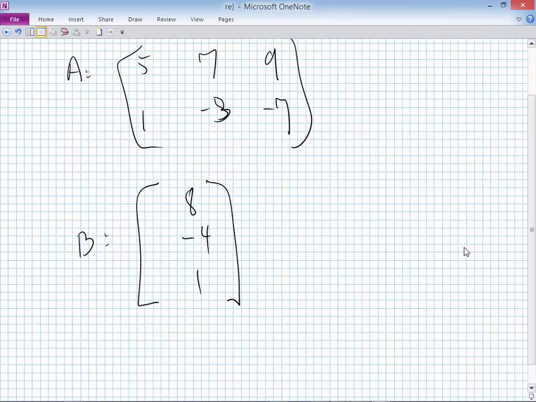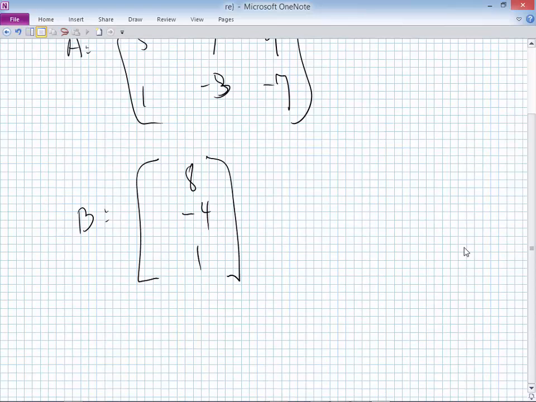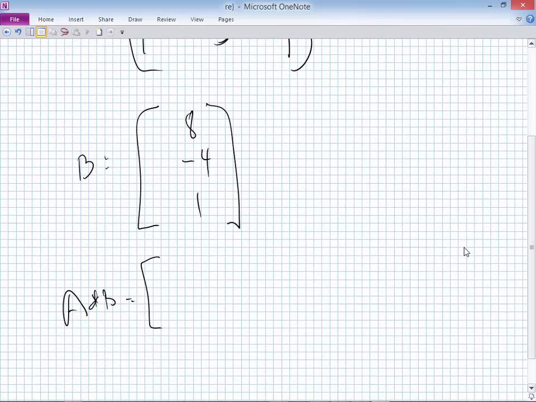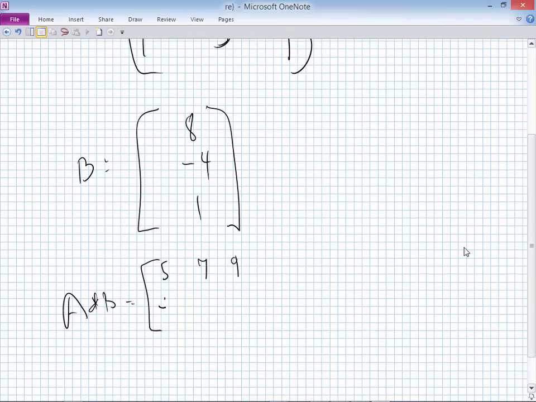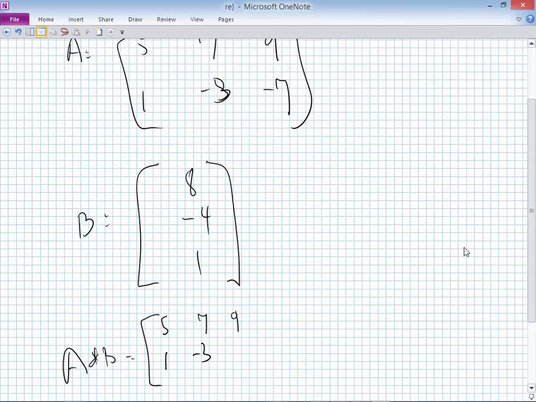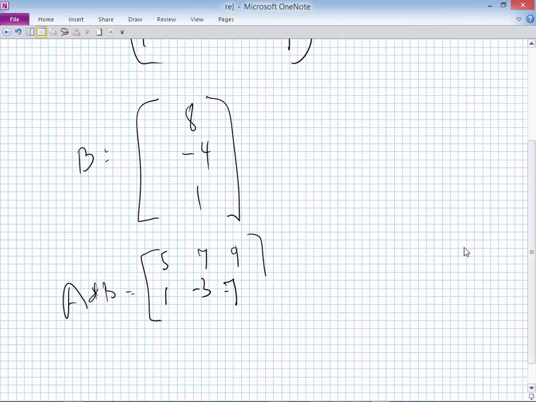So in order to multiply the two of these, let's just put them side by side. A multiplied by B is equal to 5, 7, 9, 1, minus 3, minus 7, times 8, minus 4, 1.